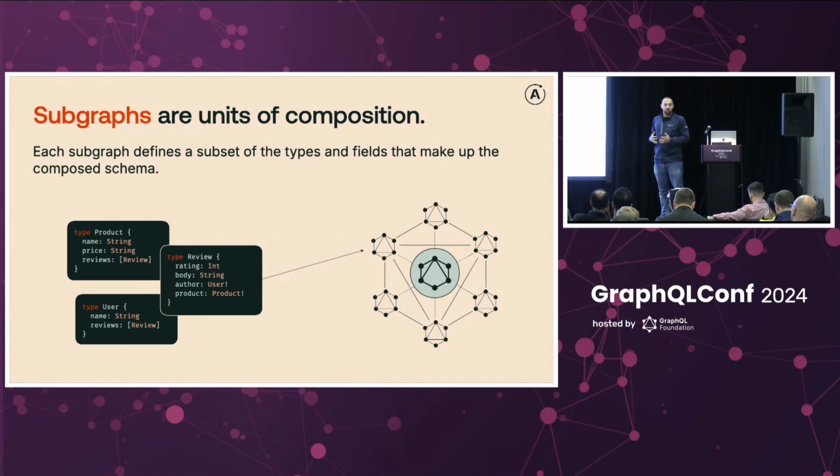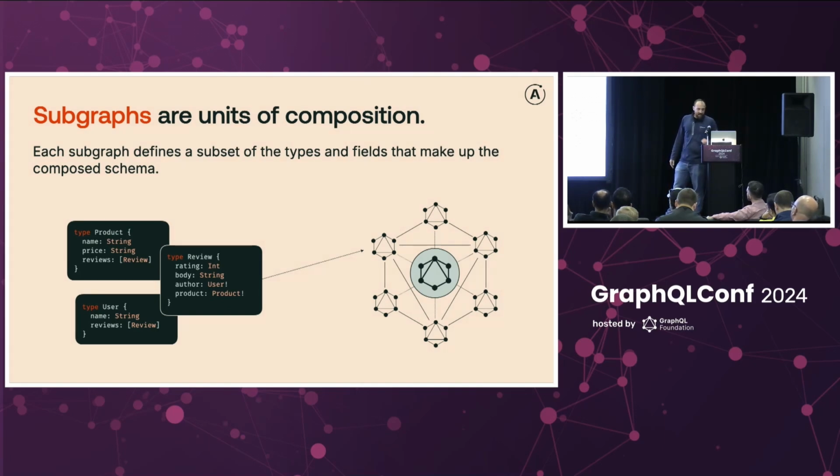This is a modular schema approach. Here we have the types we were discussing before, but this is just one subgraph among many, and other subgraphs would have other types, but also the same type with a different subset of fields.